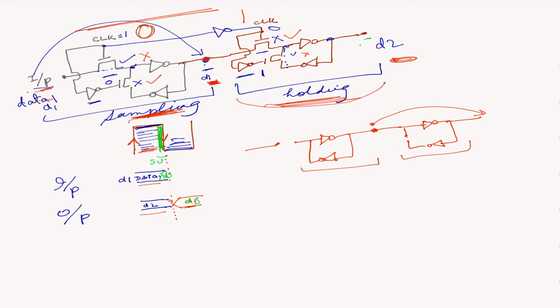And then also think that after the edge, you also want to keep data stable for a little while, because this clock which I'm drawing here is ideal, but actually it's not ideal. Our clock will have some transition time. This is more like a realistic clock. It will take some time to change.